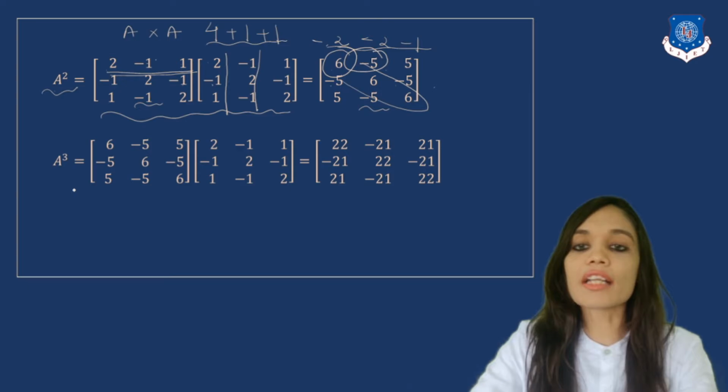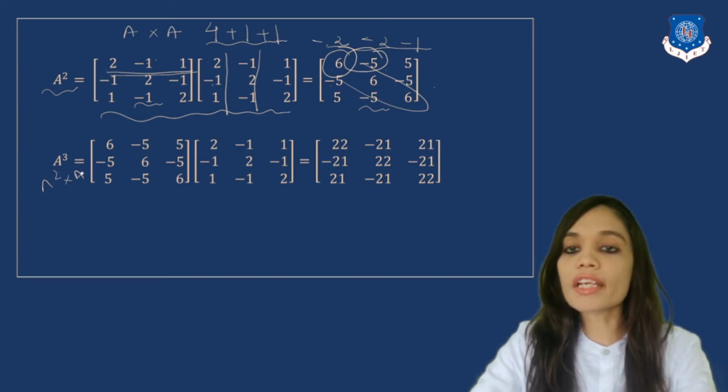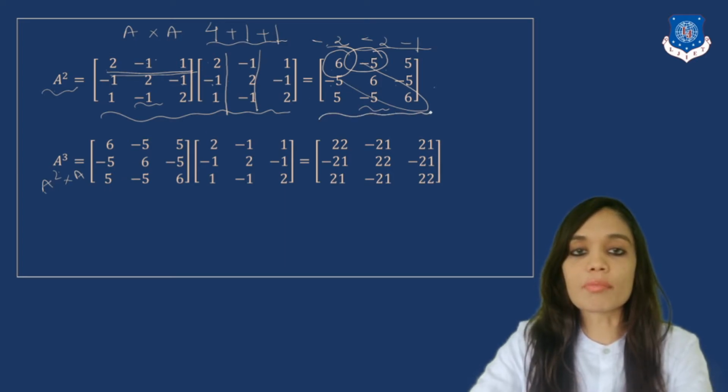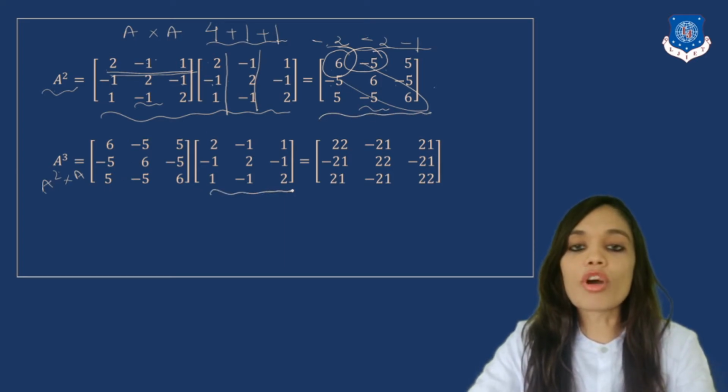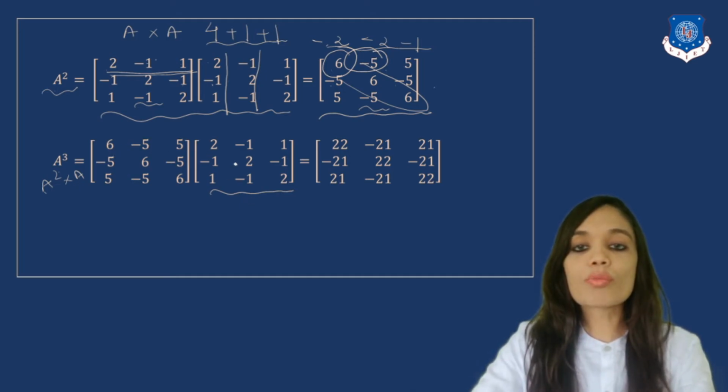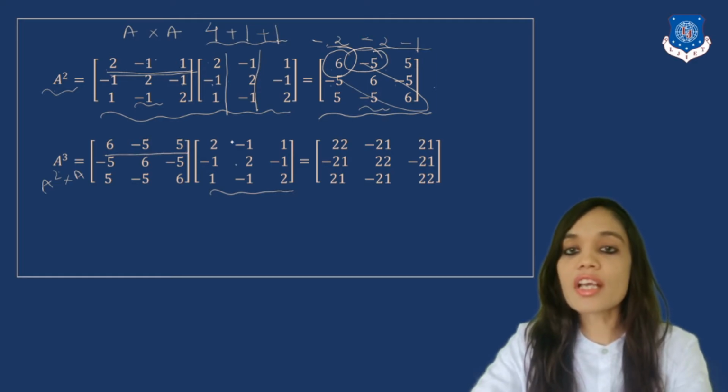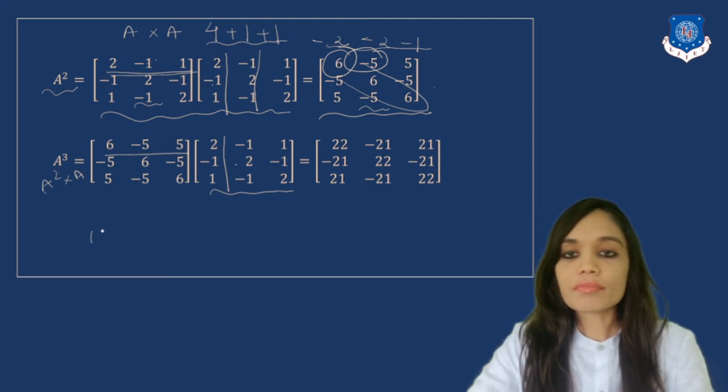Now let us find the answer of A cube, which will be equal to what? A square into A, right? Put the value of A square, which is given by this, and write the value of A. Now we have to multiply these two matrices. Again consider the first row from this matrix and the first column from this matrix. So what you will get? 12.